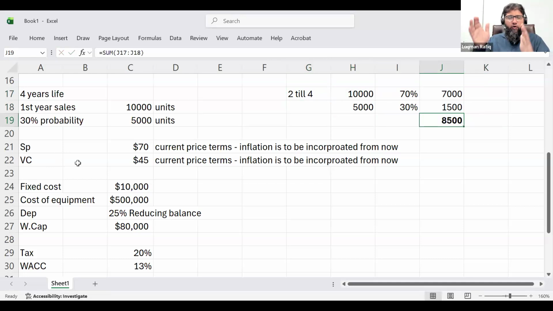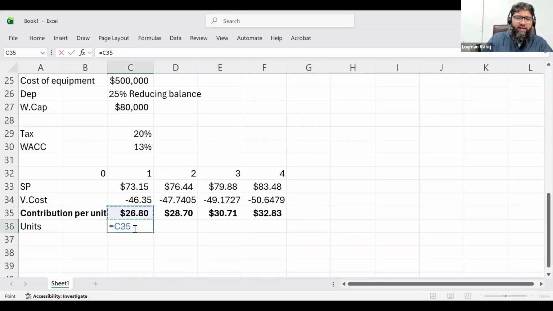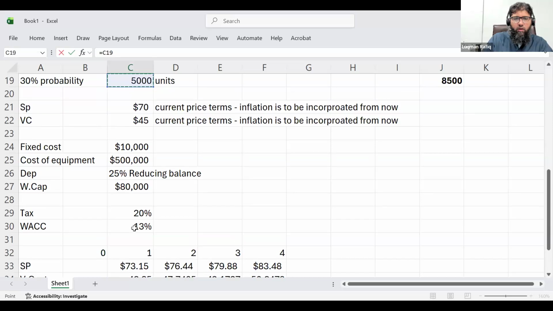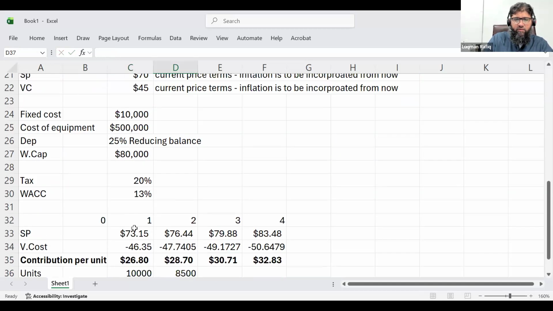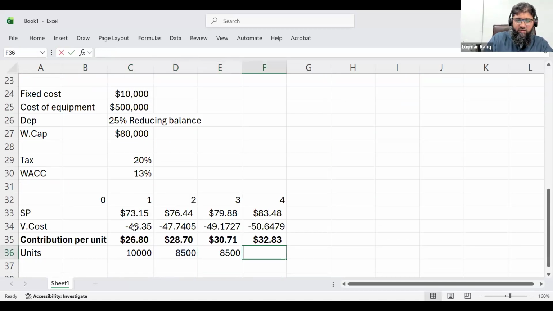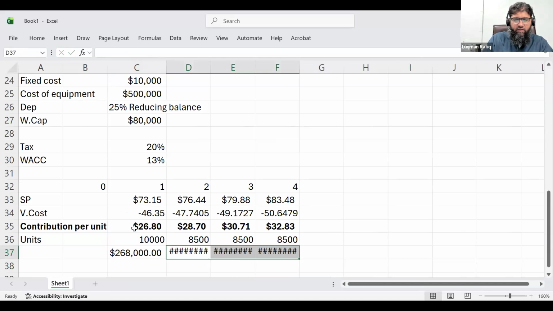So year 2 till 4, it is going to be 8,500. Year 1 is going to be 10,000 units. Year 2, it's going to be 8,500 units. So hence resultingly this and this and this and this.